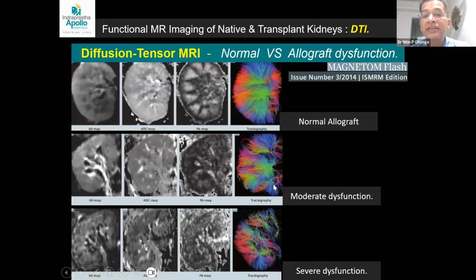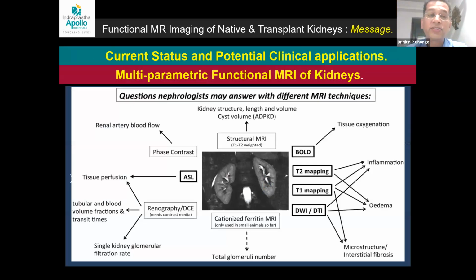And with increasing renal allograft dysfunction, you can see abnormal alignment, irregularity, and paucity of nephrons in the areas, even before things appear on routine imaging, T1, T2 weighted images, or on RI, or even before it appears as deranged creatinine values.